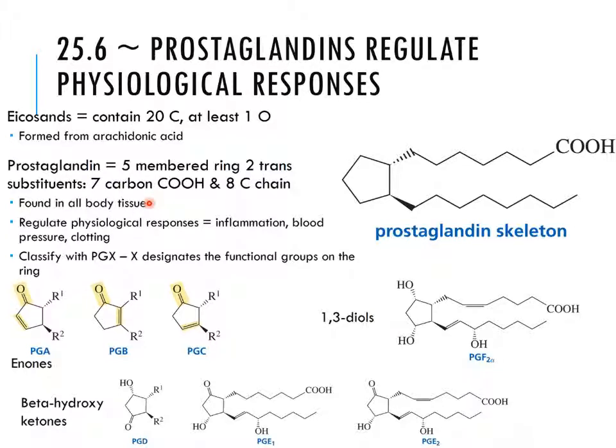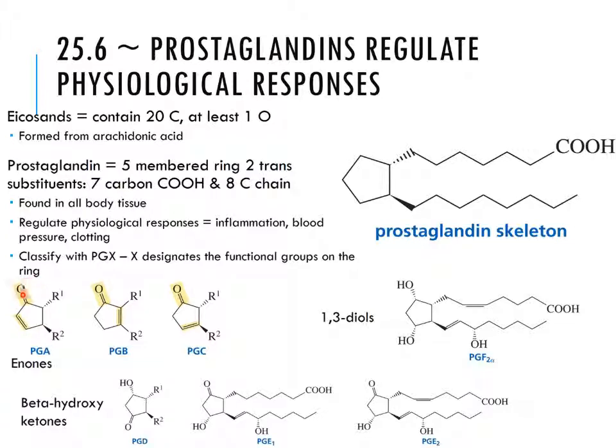There's a lot of different subcategories, and they're labeled as PG and then some letter, so PG prostaglandin, and then the letter tells us what category they fit into. So here's the ones that we need to know. PGA, B, and C are all enones, so a ketone with that double bond. So if we look at the structures here, that's what they have in common.